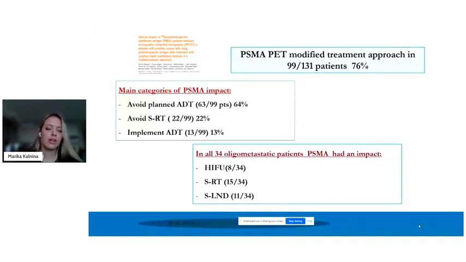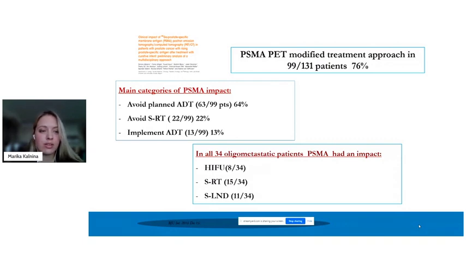And if we look at the publications, already from 2016, on how PSMA PET modified treatment approach in patients, in this study there were 131 patients, and in 76% of them the treatment was modified.